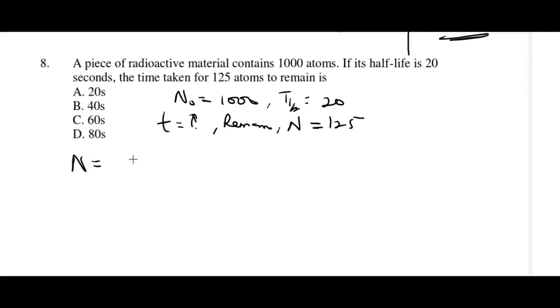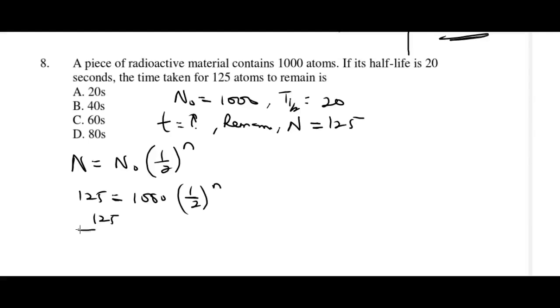So our formula remains N equals N naught times half to the power of n. We need to find our small n before we can get our t. So our N here is 125. Our N naught is 1000 times half raised to the power n. So this is 125 over 1000 equals half raised to the power n.